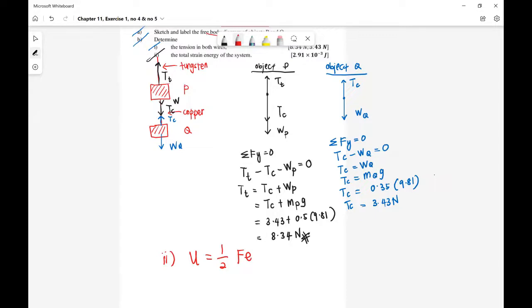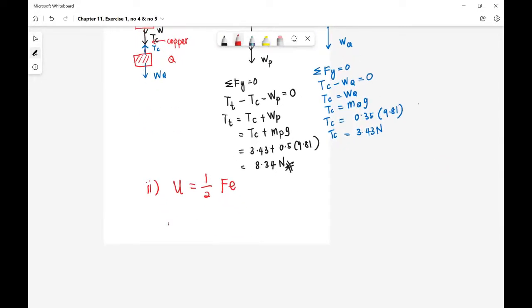Okay, sebab strain energy of the system, okay, U total lah, okay, dia akan sama dengan strain energy bagi copper plus dengan strain energy bagi tungsten.